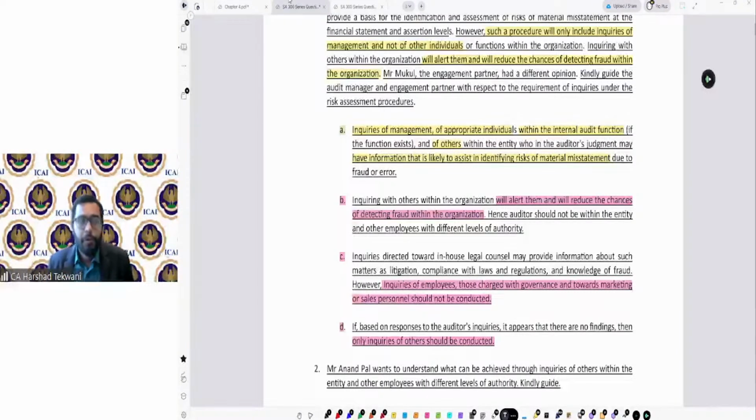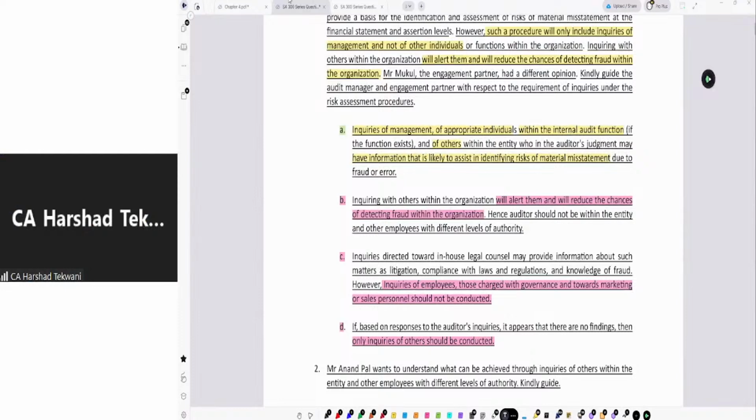Come on, guys. What other information can you expect from different departments? What type of information can you expect? Come on, guys.